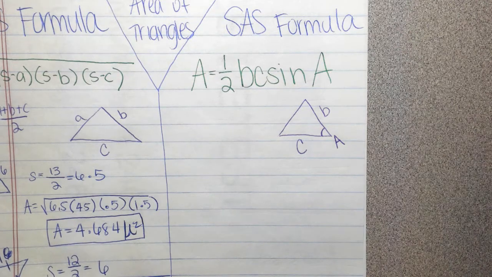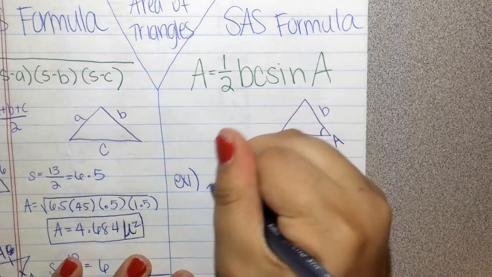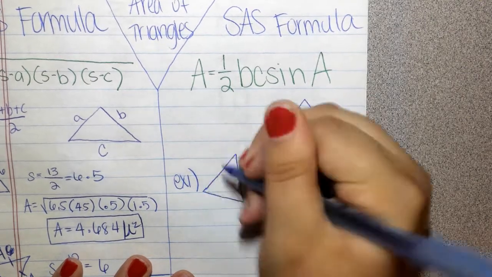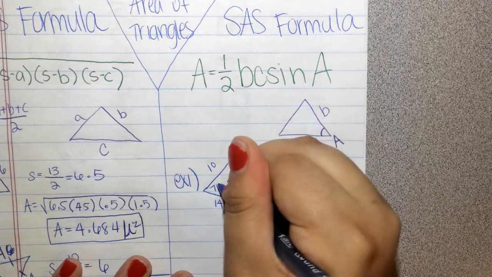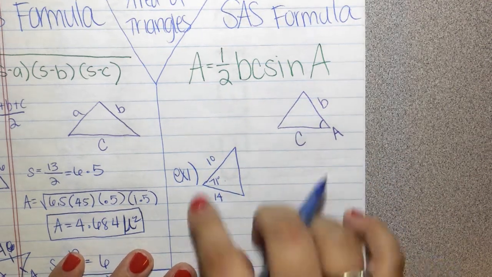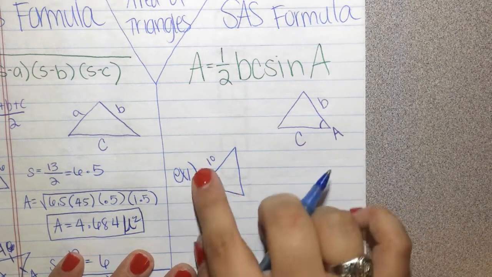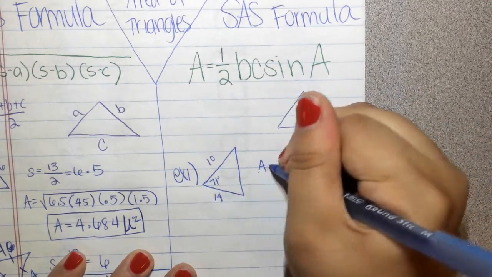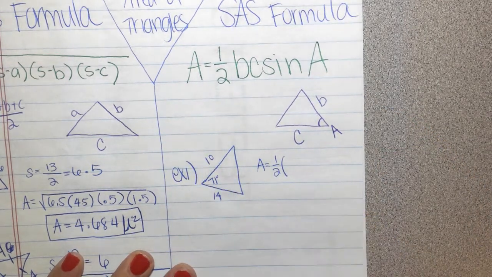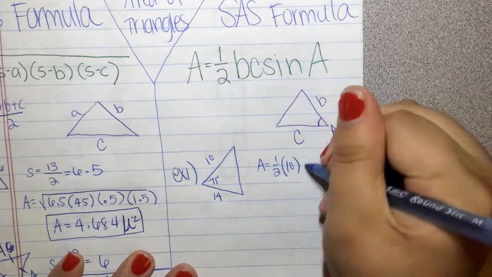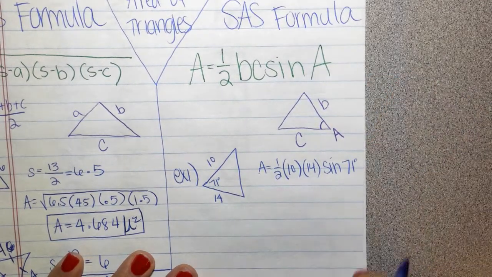So let's do two examples. If I give you a triangle, I have a side, an angle, and a side, two sides and an angle in between. So I'm going to do area equals 1/2 my B, one of your sides. It doesn't have to be B and C. My other side, and the sine of my angle.